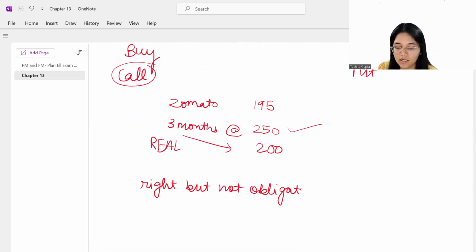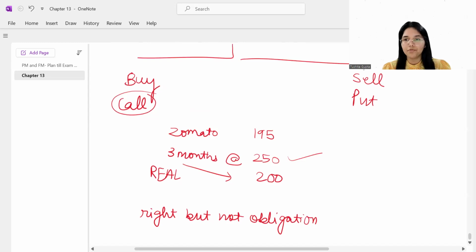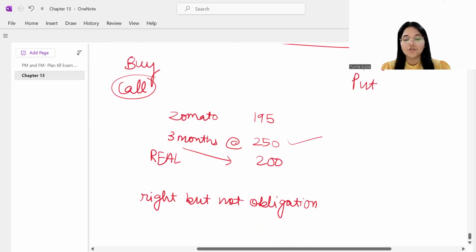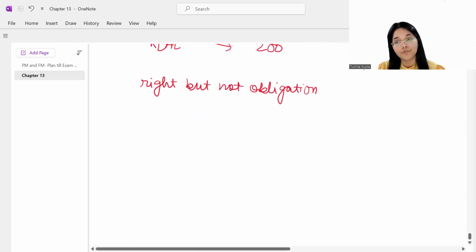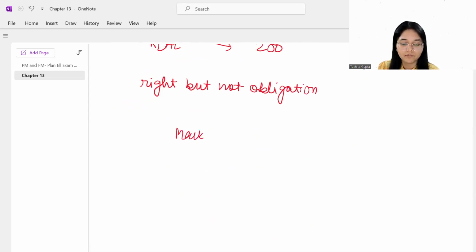Similar is the story with a put option. In a put option, you are buying the option to sell something. So if I have bought a put option, let's suppose I own some shares, and those shares are today priced at 300.